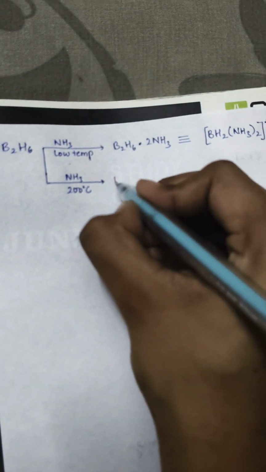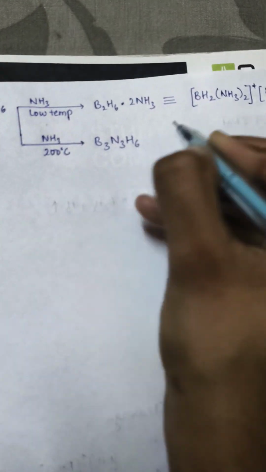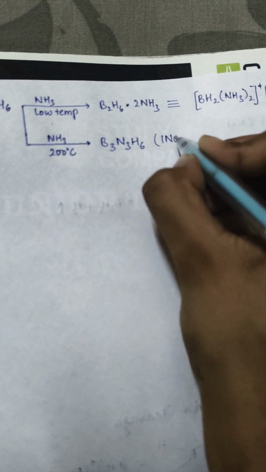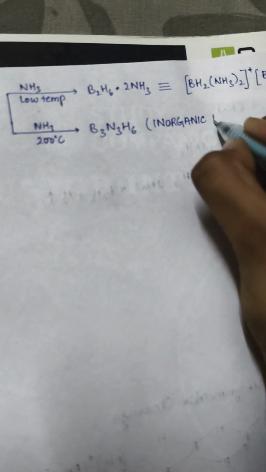And when this reacts with NH3 at 200 degrees Celsius, it gives B3N3H6, which is inorganic benzene.